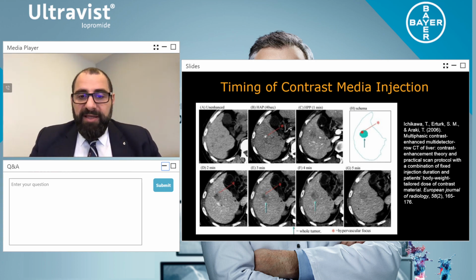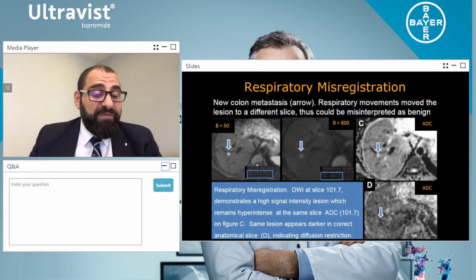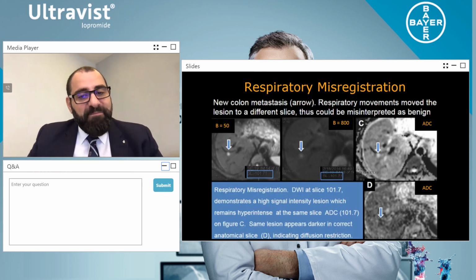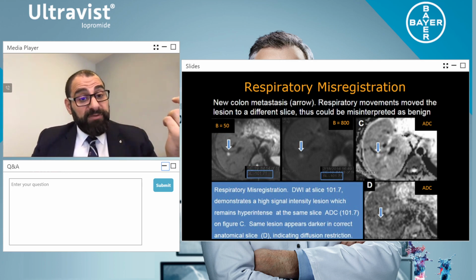Now, let's look at respiratory misregistration. Well, we've already talked about this. What I want to say here is that we've talked about breath hold with the mouth open. But more importantly, spend that time to practice with your patient. Say, look, we're going to ask you to breathe in maybe 10 times, and make sure out of these 10 times, your breath hold is exactly the same.